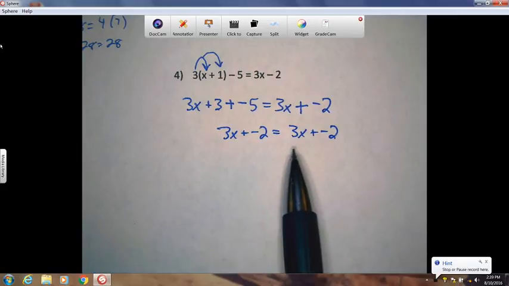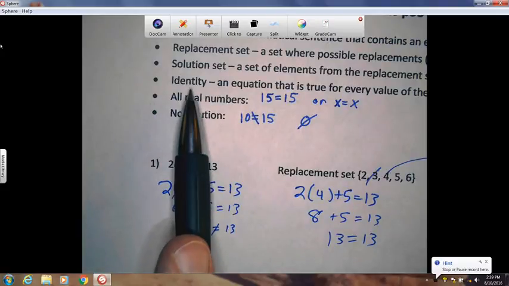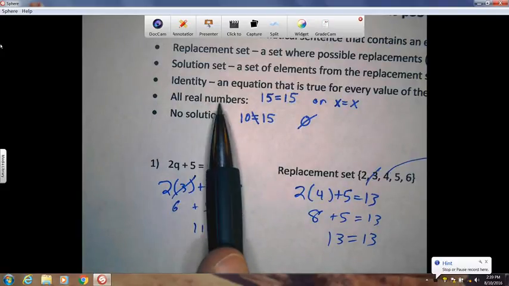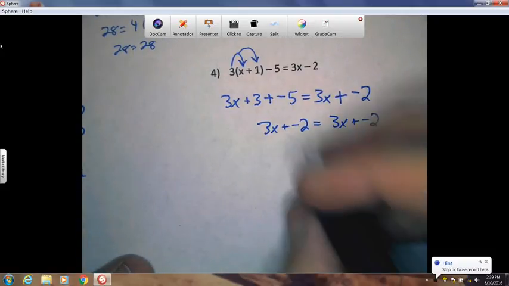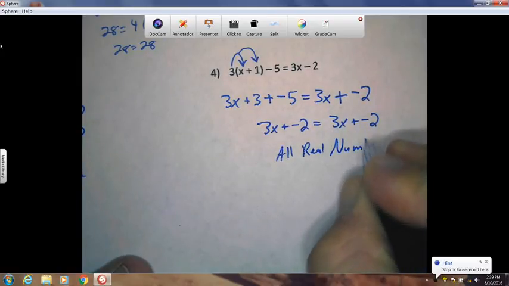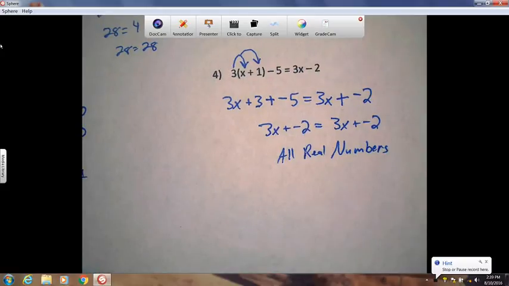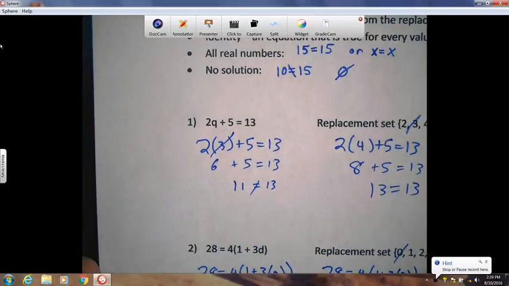Remember, if you have the exact same thing, this is called an identity. So my answer is all real numbers. So these are the exact same, so my answer is all real numbers. If I would have gotten something that was not the same, it would be no solution.